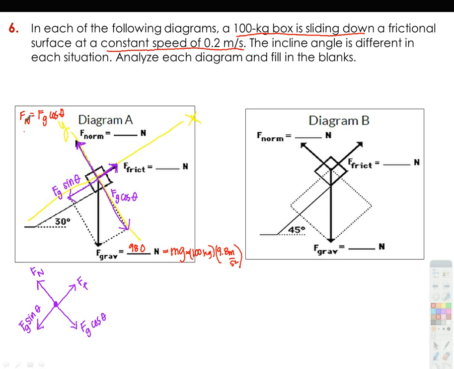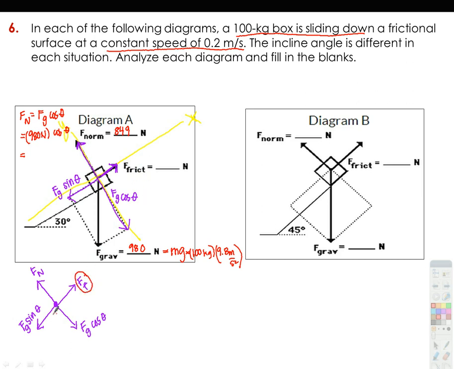Our Fg, which we calculated earlier, is 980 newtons, multiplied by cosine theta. Then your answer should be equivalent to 849 newtons.